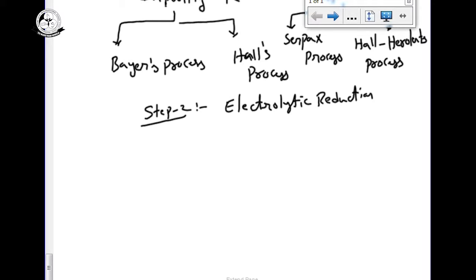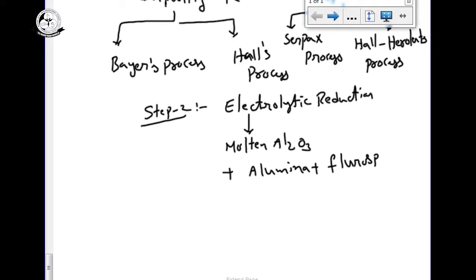By the electrolytic reduction we get molten Al2O3. Molten Al2O3 has a very high melting point and boiling point. To decrease the melting point of molten Al2O3, we add another one, alumina plus fluorospar.